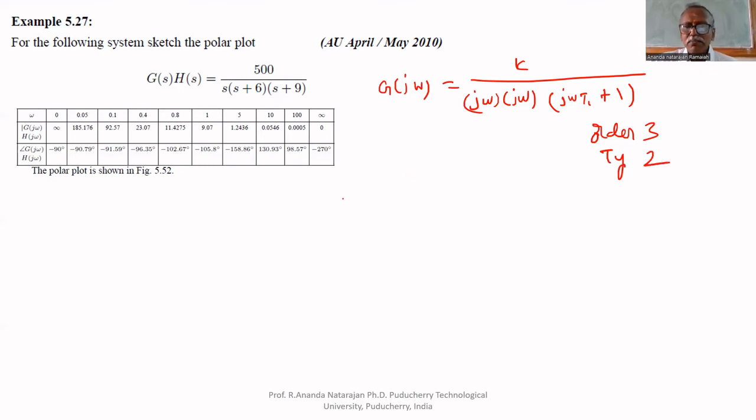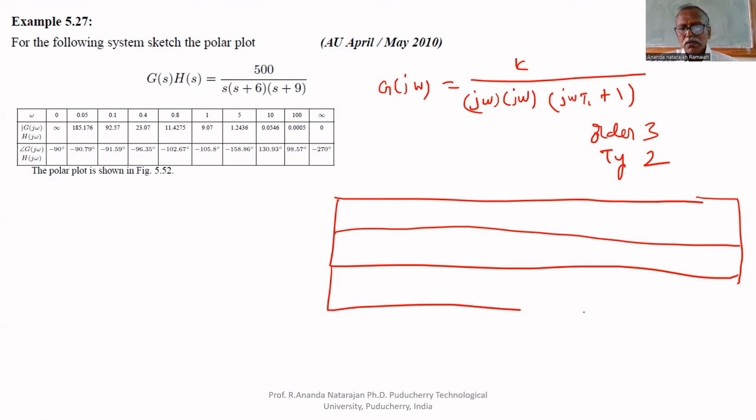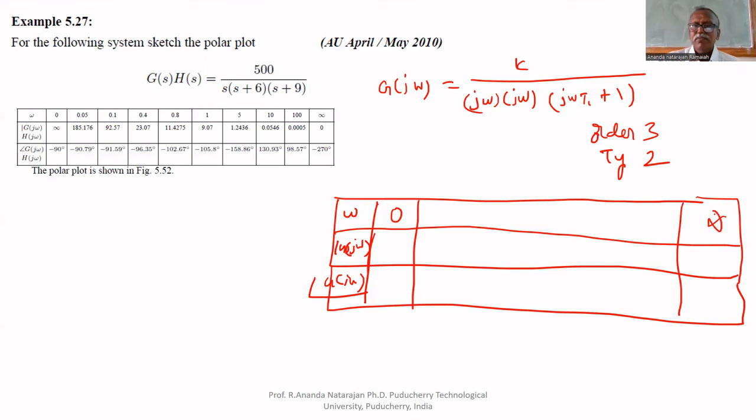Let us form the table with omega, modulus of G of j omega, and angle of G of j omega. The first value is 0 and the final value is infinity.